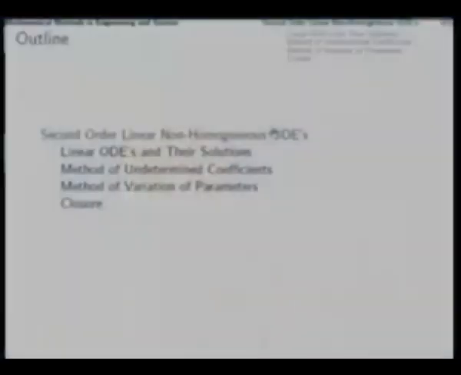Good morning. As we saw in the last lecture, the method of undetermined coefficients for solving linear non-homogeneous ODEs is limited by the necessity of constant coefficients, and it can handle only a few selected functions as the right hand side, namely polynomials, exponential functions, sinusoids and their combinations.